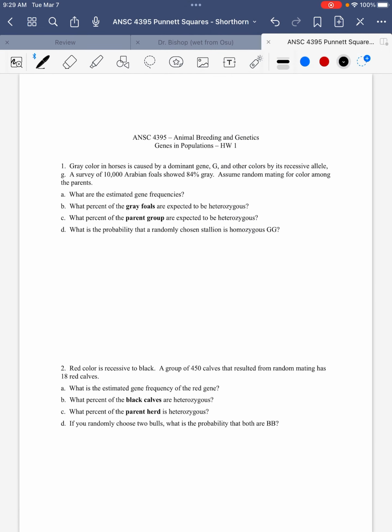Alright, so to start off, the way we're going to solve this is by knowing, number one, we have our gene frequencies, which are little q and little p.